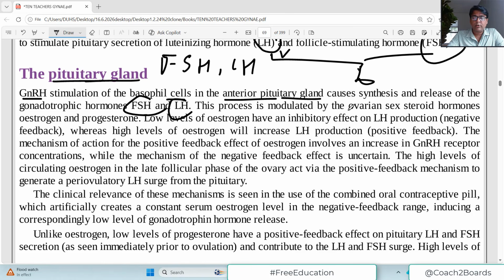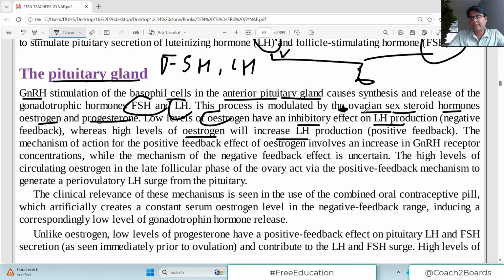This process is modulated by the ovarian sex steroids, estrogen and progesterone. Low levels of estrogen have inhibitory effects on LH production. Super important line. So if levels of estrogen are low, then there is an inhibitory effect on LH production, okay? Negative feedback. Whereas high levels of estrogen will increase the LH.